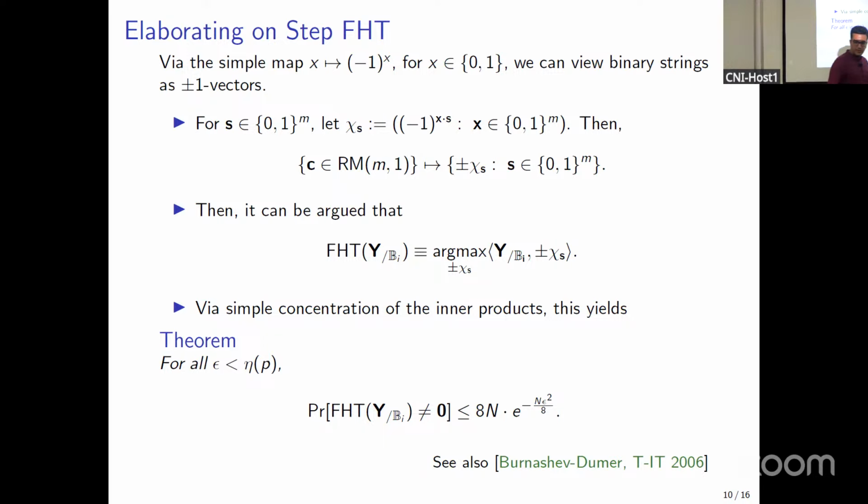So just to elaborate a little further, we want to show that the all zeros code word is the decoded estimate with high probability, right? So the all zeros code word corresponds to the Fourier character chi0, which is just the all one sequence.